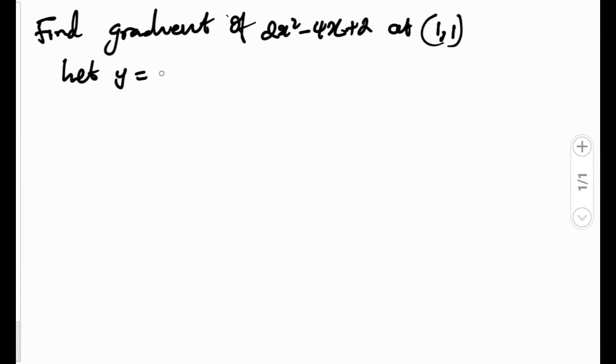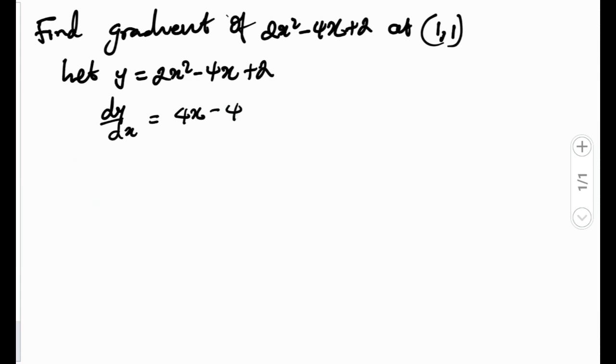So whereby let y be equal to 2x squared minus 4x plus 2, of which dy/dx in this case would be equal to 4x minus 4.